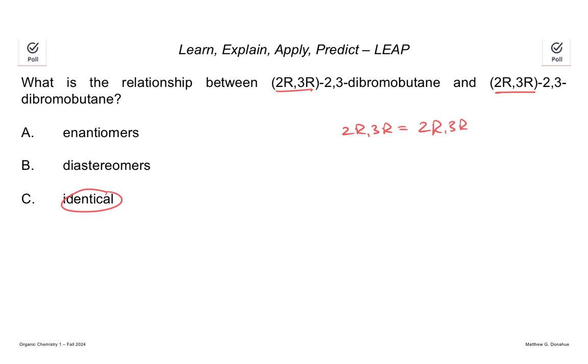Think about if you were teaching this class and writing an exam. Another way of presenting this question to you is if it was in structure form. But the structures are not drawn the same way. So you're going to have to do like a flip or a bond rotation or something like that. So this is probably the most straightforward way you'll see that concept presented.